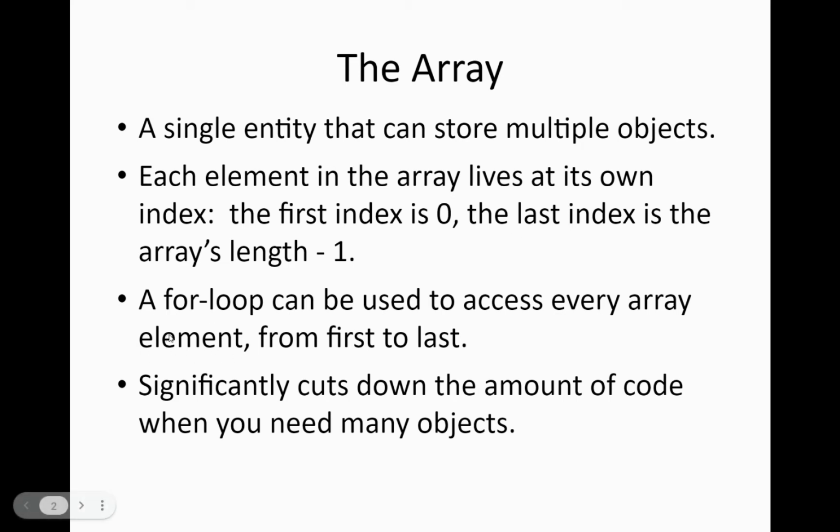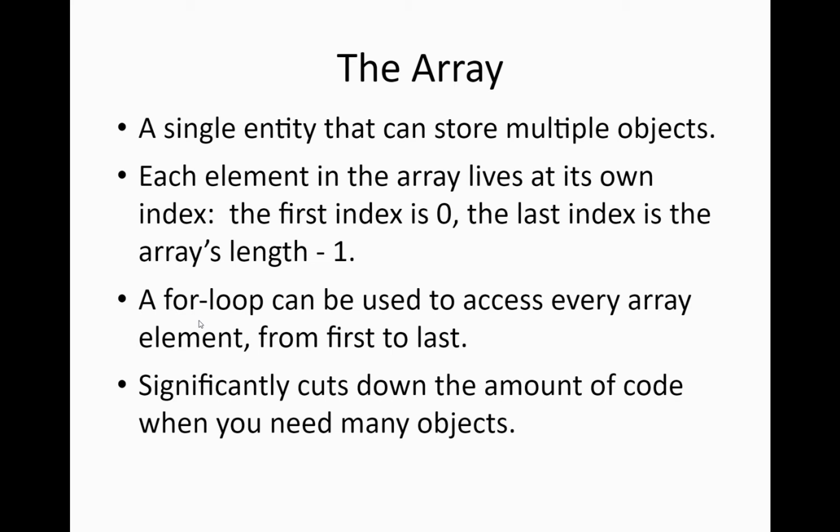The nice thing about arrays, because they are ordered from 0 to some number, is that for loops can be used to access all the various elements of the array. And that's kind of what makes arrays very, very useful.